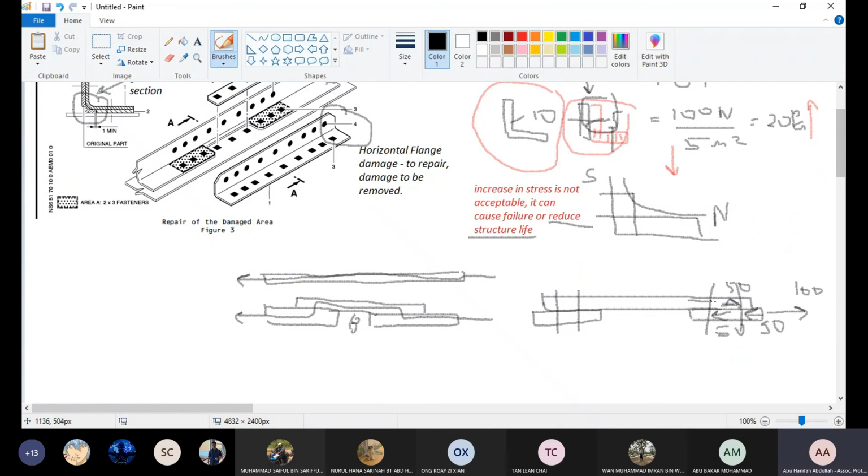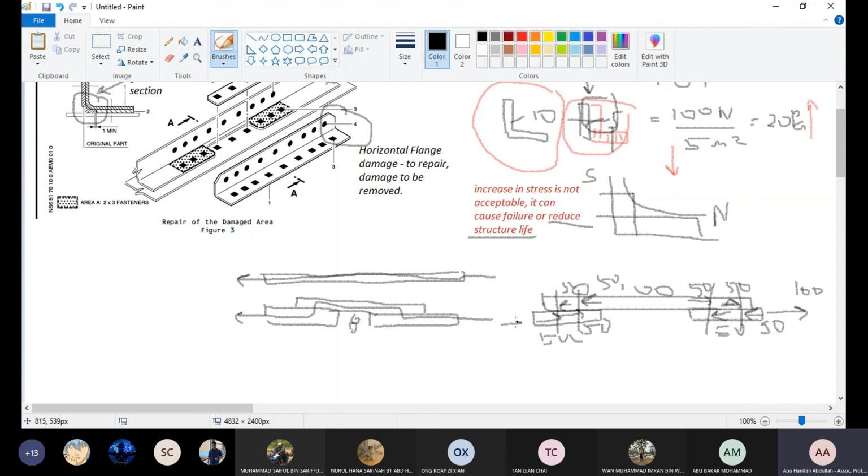The next 50 will move to the next fastener, and then be reacted by another 50. Through here we already have 100. And that 50 will be reacted through here and reacted down. And another remaining 50 on the next fastener, laid down another 50.